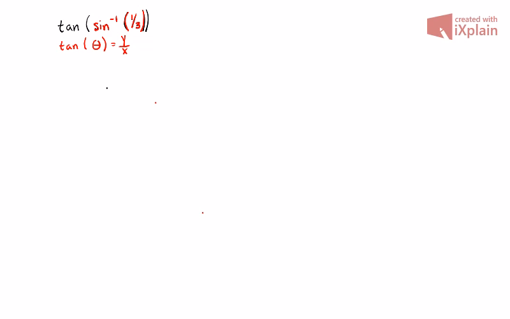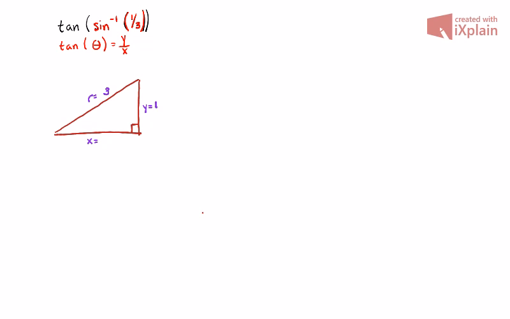So here is where the Pythagorean theorem comes in to save the day, as it has for pretty much the entire time we've been studying trig. So if I draw this right triangle, recall that our horizontal value would represent our x, vertical would be our y, and then our hypotenuse will be our radius measure, okay? In this case, since I have an inverse sine here, the inverse sine reveals to me that y is 1 and our radius is 3.